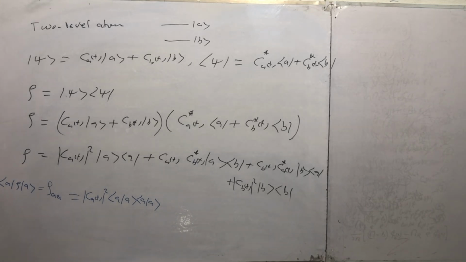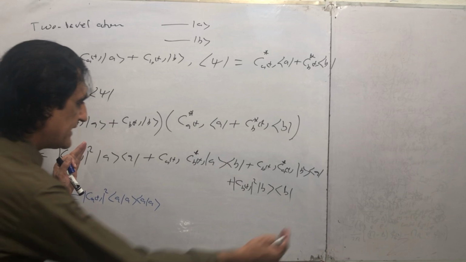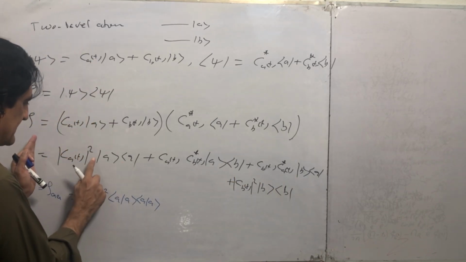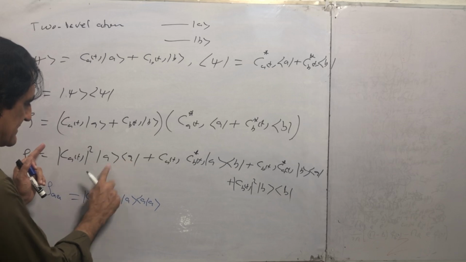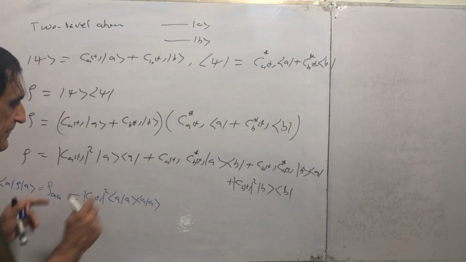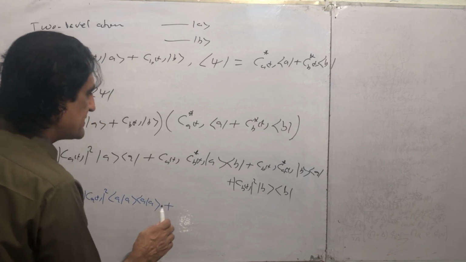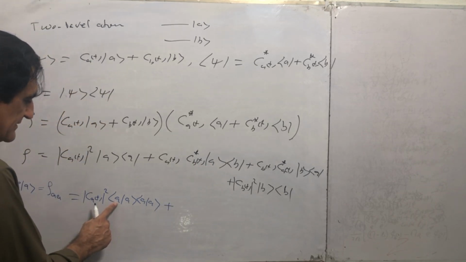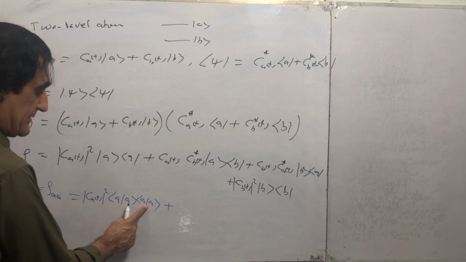It means that I multiply with the inner product <A| on this side and |A> on this side. So these both remain the same, and this <A|A> and this <A|A> are each equal to 1.